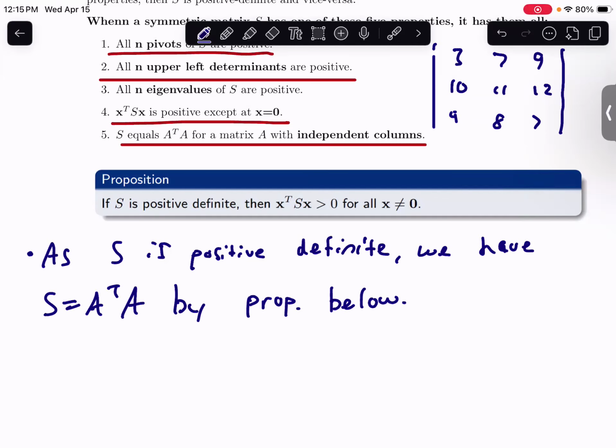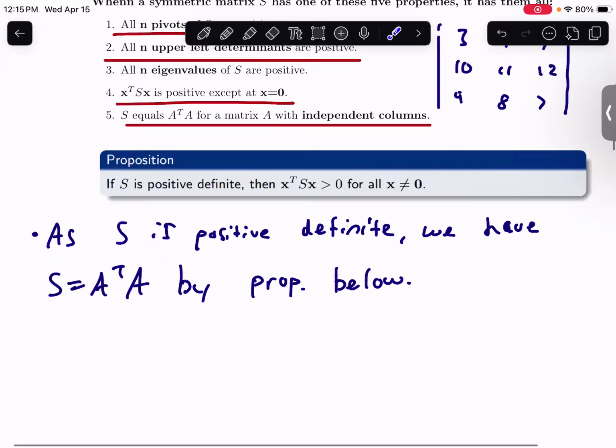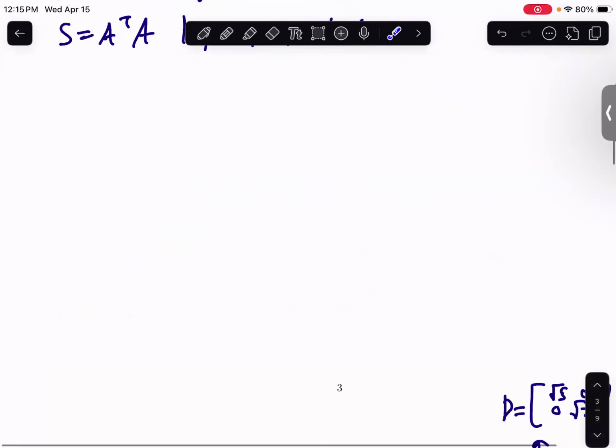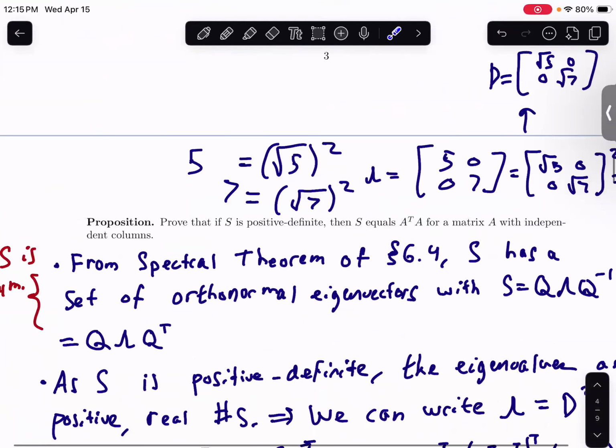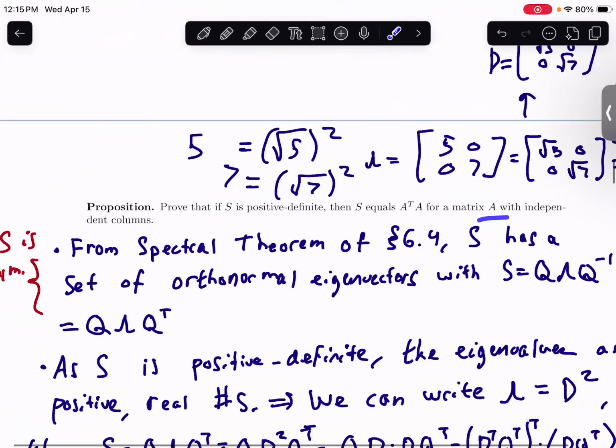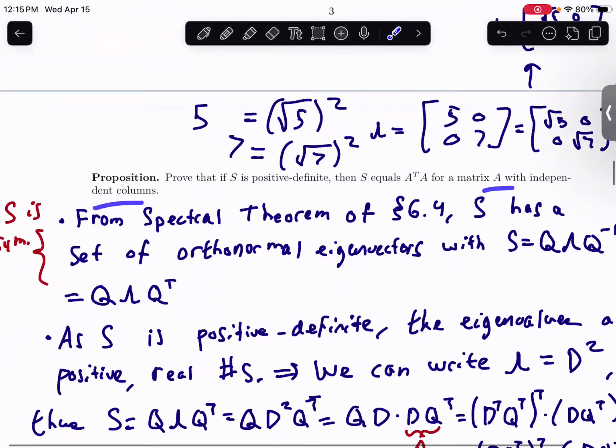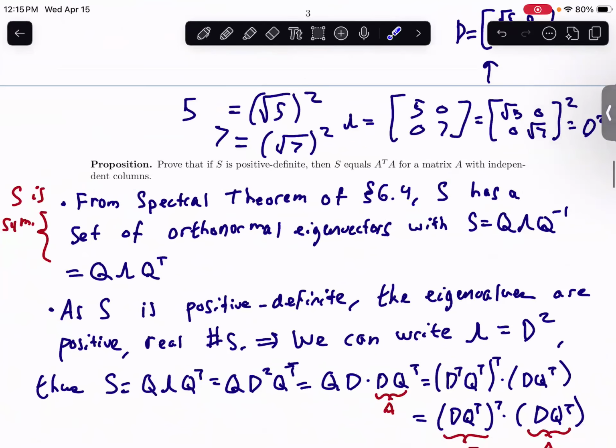And then there's one other piece of information that we're using here as well. We were saying that A had independent columns when proving this part here.